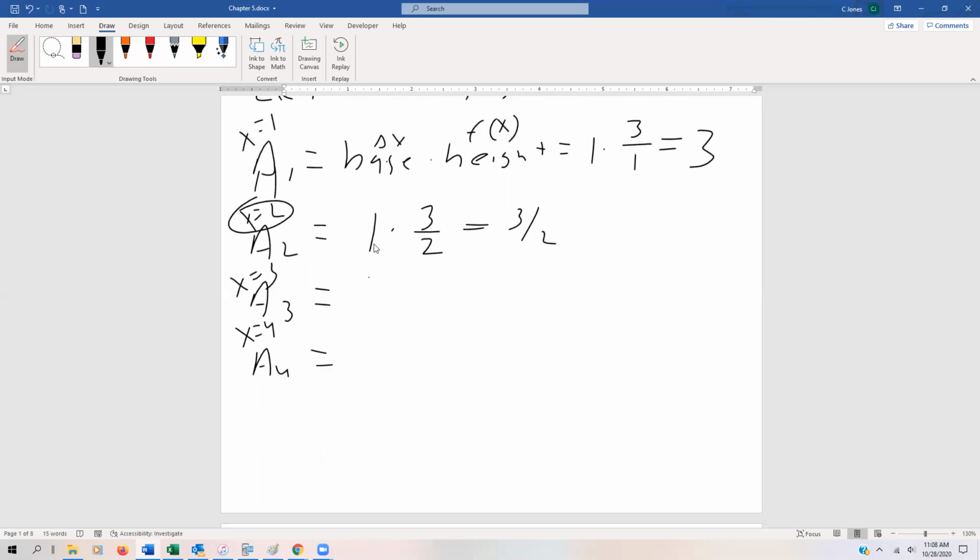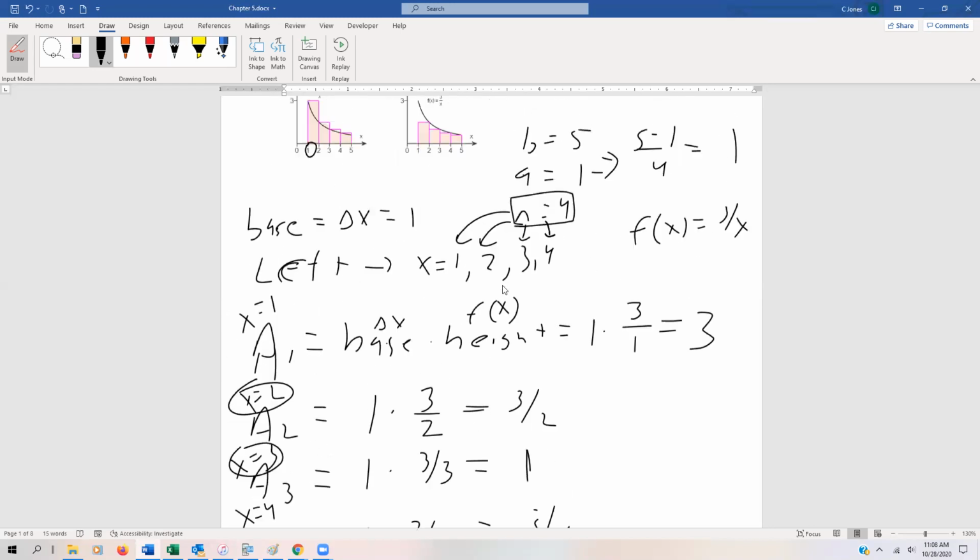Area 3, base is 1, and x is 3, so we're going to have 3 over 3, or just 1. And then finally, area 4 is going to be 1 times 3 over 4, which is 3/4.